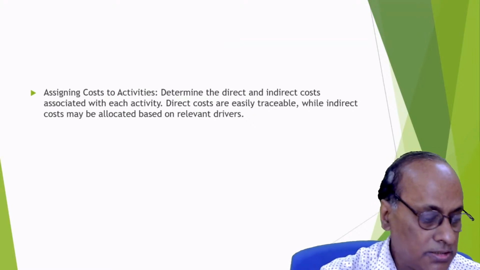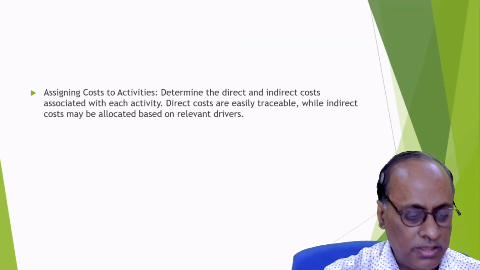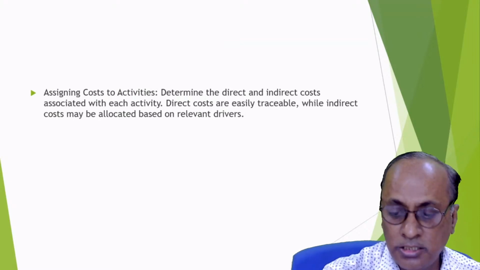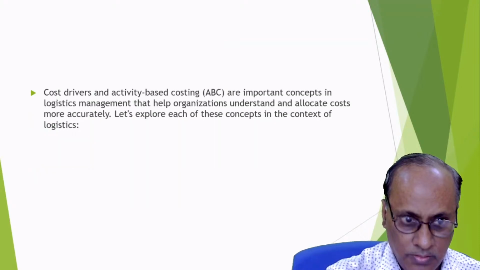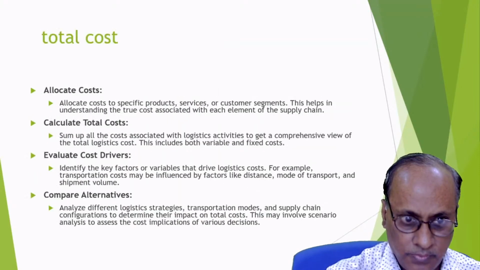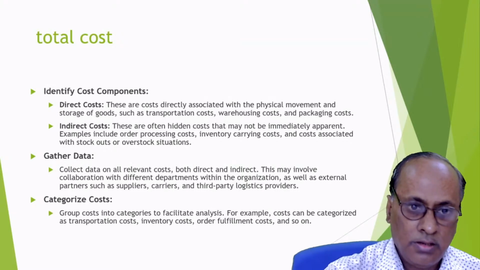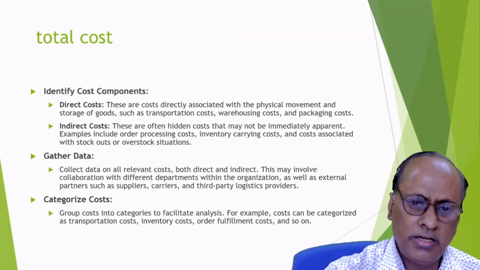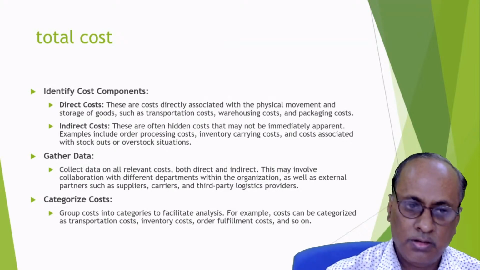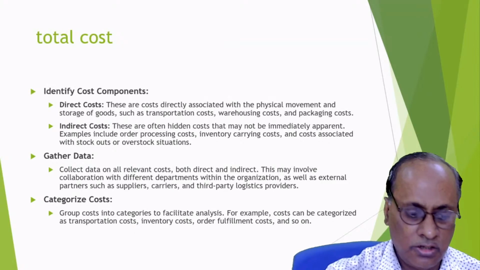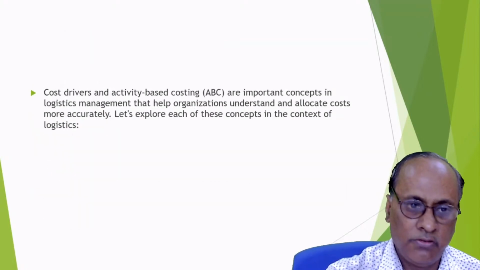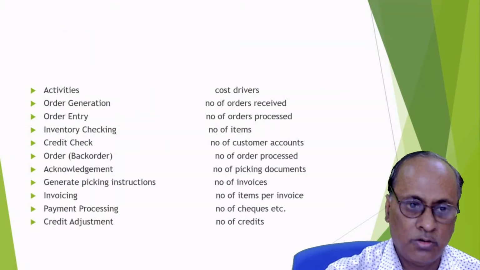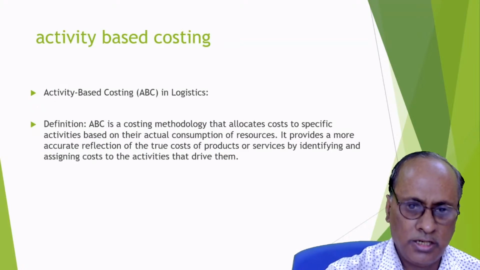As I discussed, direct costs are costs directly associated with the physical movements. And indirect costs are the hidden costs. They are not immediately apparent, not immediately identifiable. But they also play an important role in logistics.